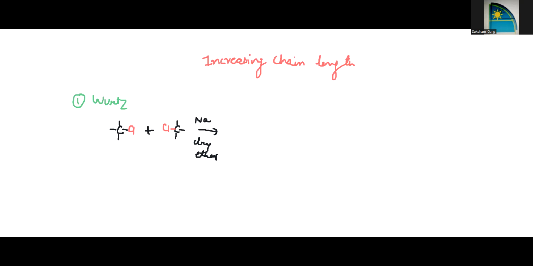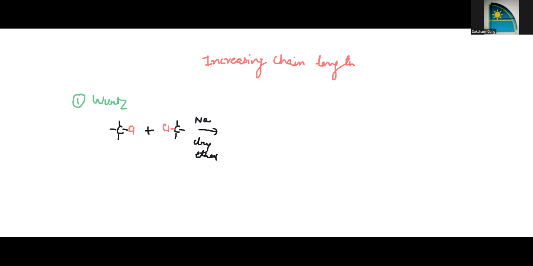I have written here half of the example of Wurtz reaction. You take chloromethane. By default, whether they give you or don't give you another reagent, it will also be chloromethane only. Now when these two react with each other, we have to figure out what the product will be.